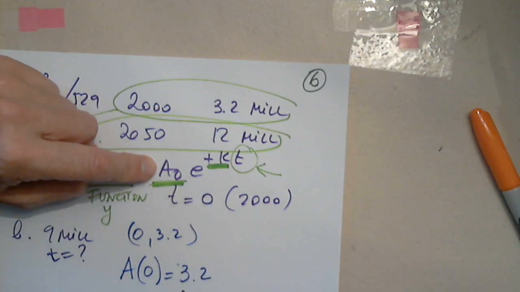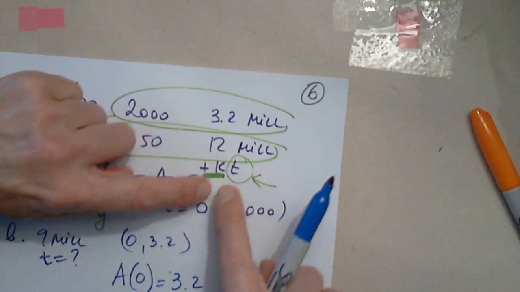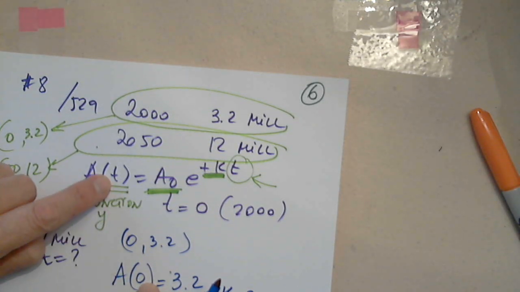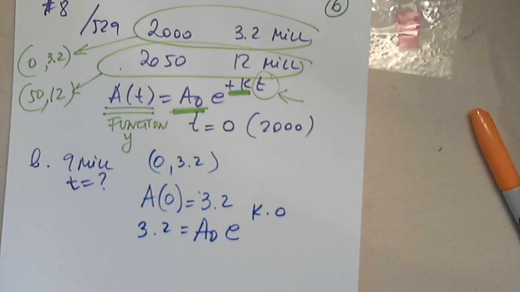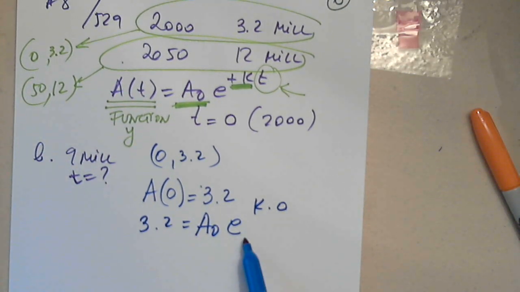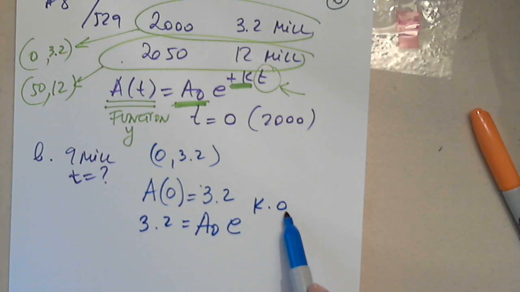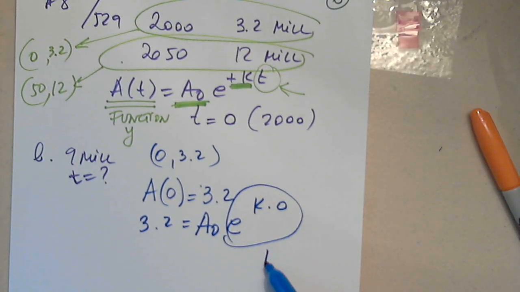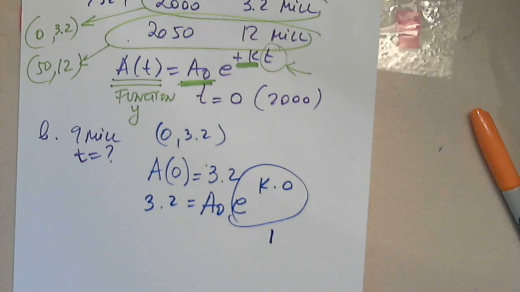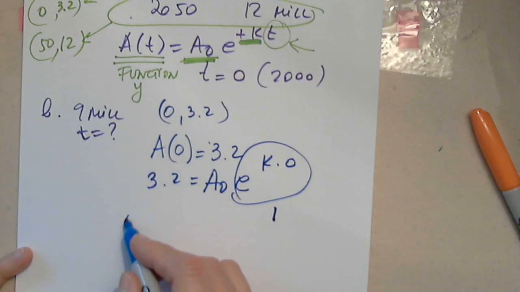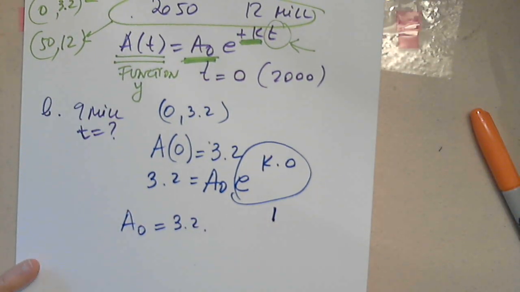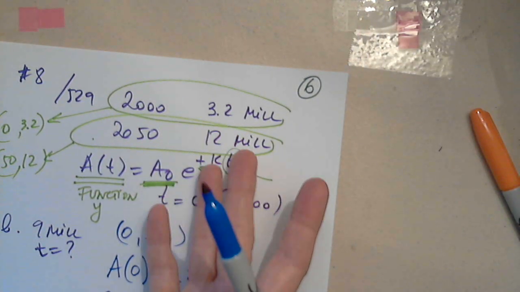The right-hand side is a0 e to k times 0. So then I have 3.2 equals a0 times e to k times 0. But k times 0 is 0, and e to 0 we know is 1. We didn't have to do all this analysis, but the discussion is just preparing us for the second point. So we know now that the initial population was 3.2, which we knew basically from the get-go.